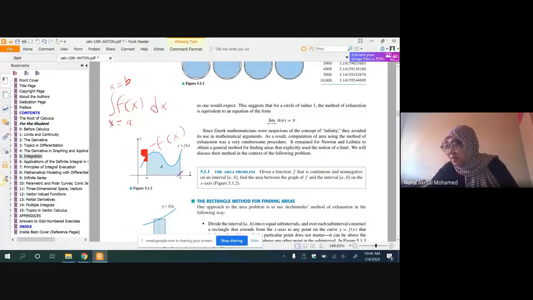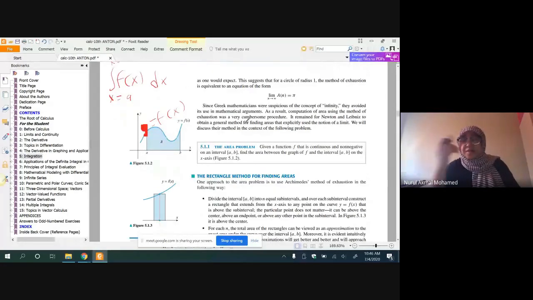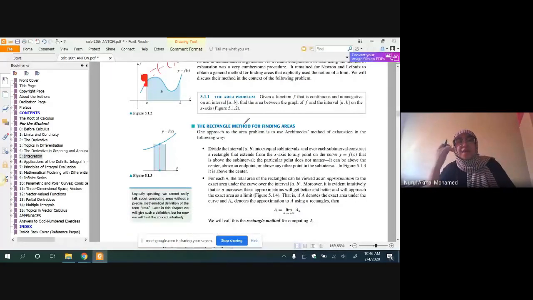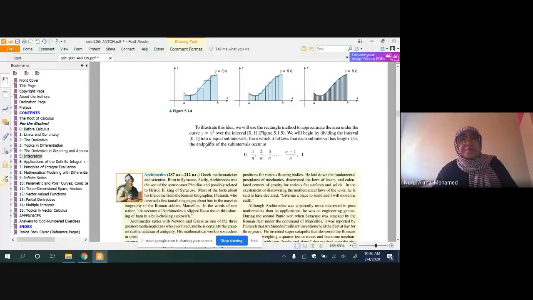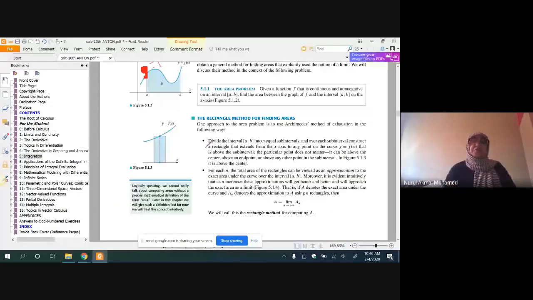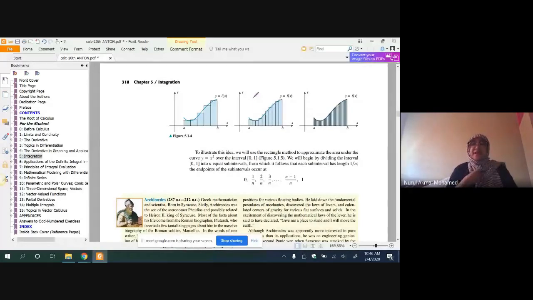Which is given in this shaded region. There are several ways of finding the area. We can also use approximations if we don't know how to integrate. So let's say you don't know what the integration of f(x) dx will be.